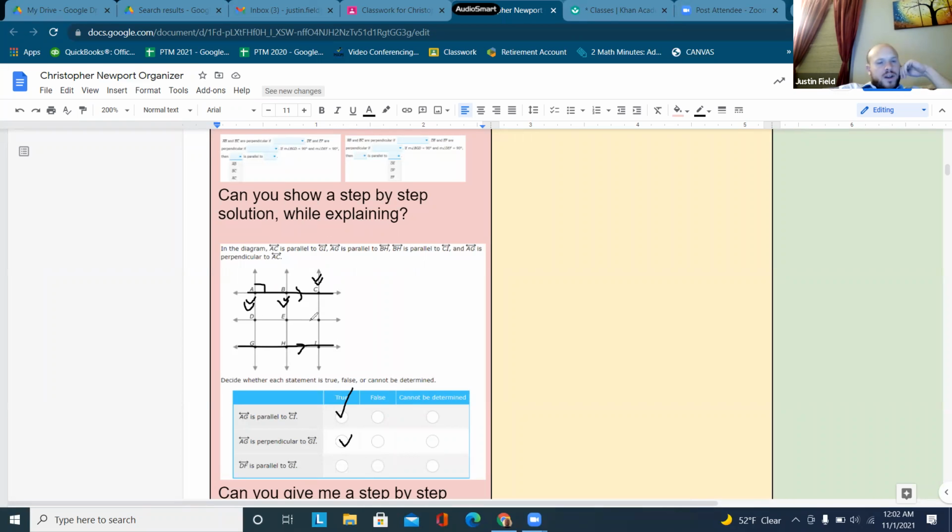I don't have anything marked about DF. So I'm gonna have to say it can't be determined. It could be just a little bit off. Could be a lot off. There's no telling. I didn't make any markings on it.